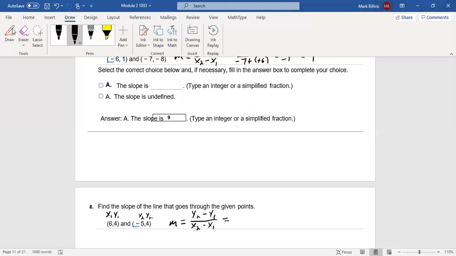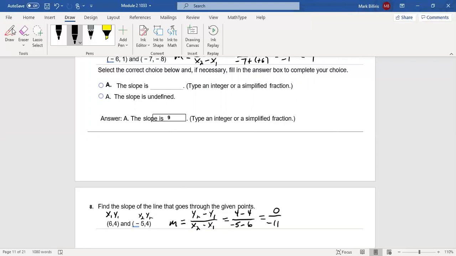So y sub 2 is 4 minus y sub 1, which is also 4, over x sub 2, which is -5, minus x sub 1, which is 6. 4 minus 4 would be 0, and -5 minus 6 is -11.